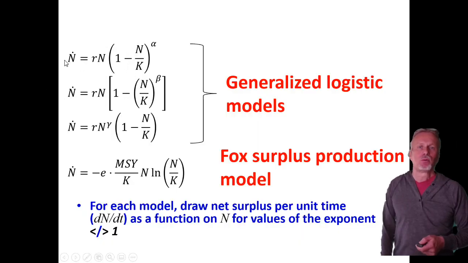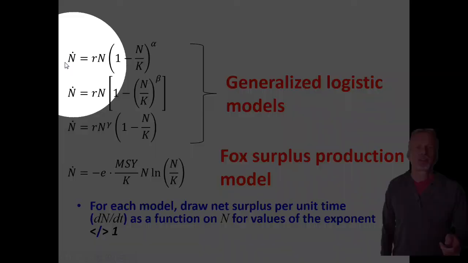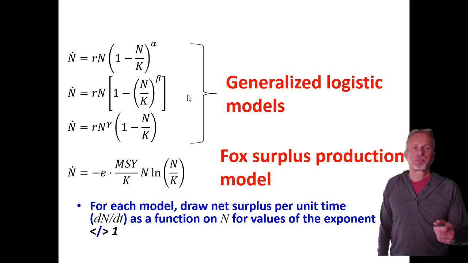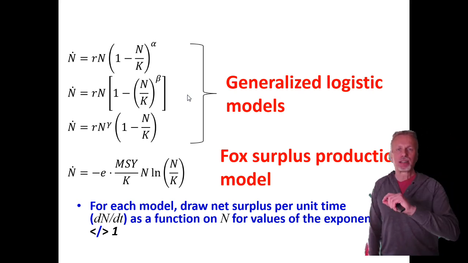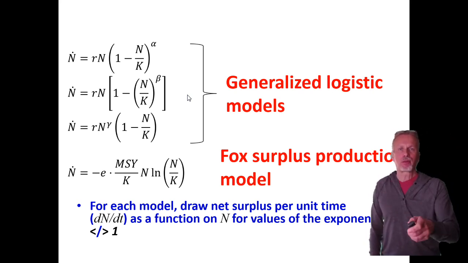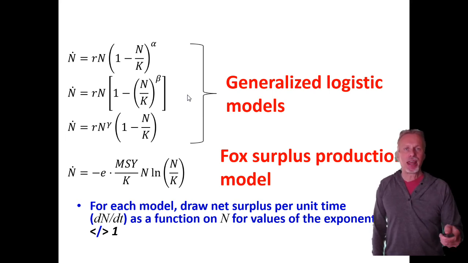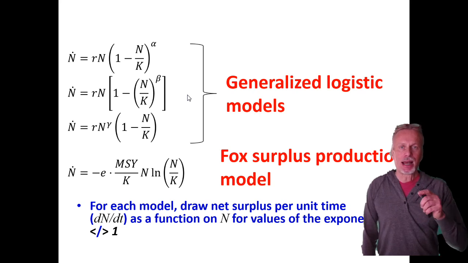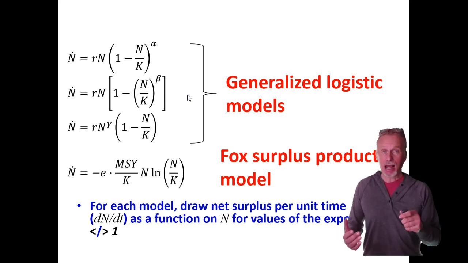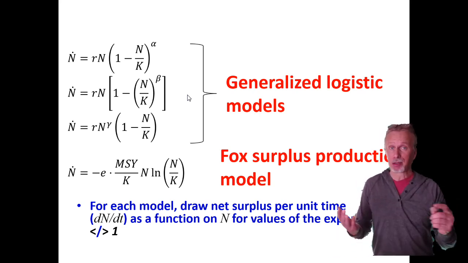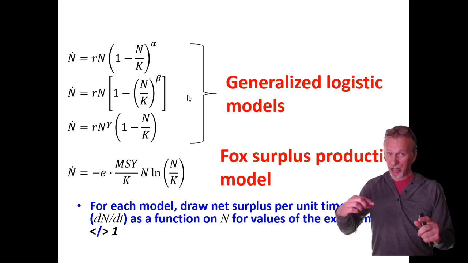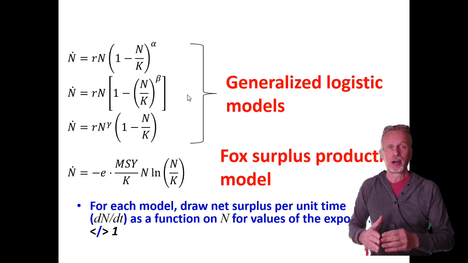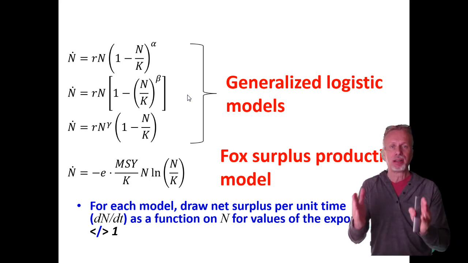And what I would like to ask you to do is to plot dN over dt, the population growth rate, as a function of N for different values of alpha, beta, and gamma. You can start with alpha, beta, and gamma equal to 1, and that is logistic. We know it's a parabolic function, it reaches the maximum at half the carrying capacity, and is a symmetric function.